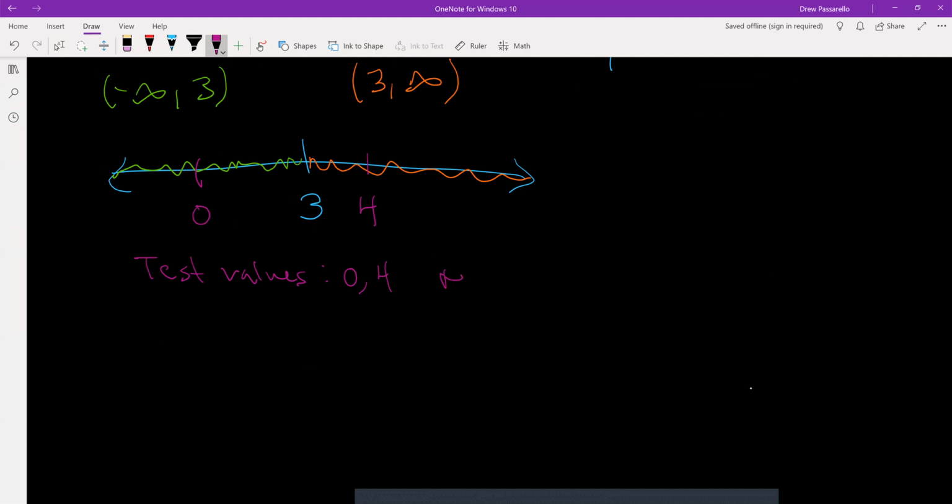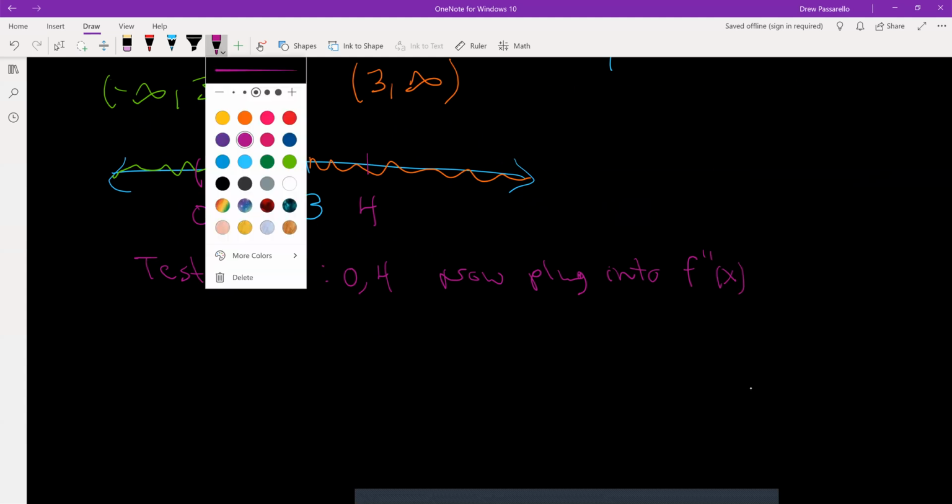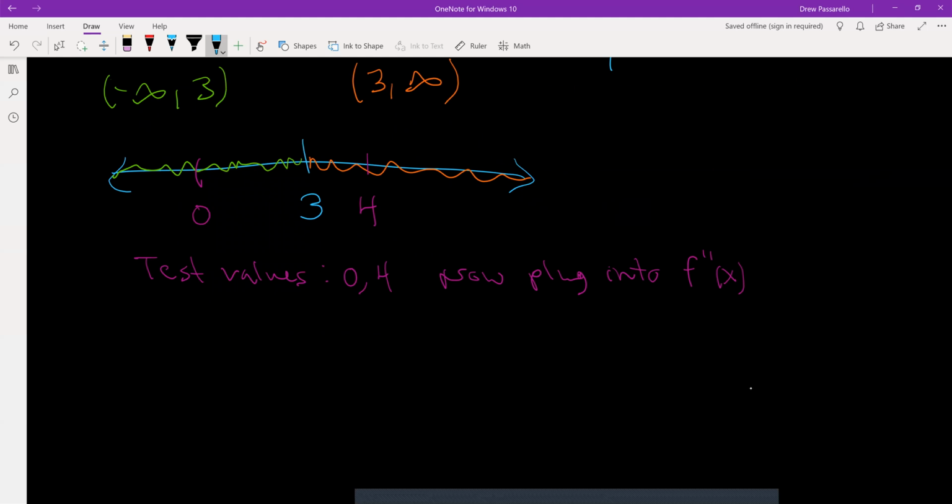So now plug into f double prime of x. The second derivative was 6x minus 18.